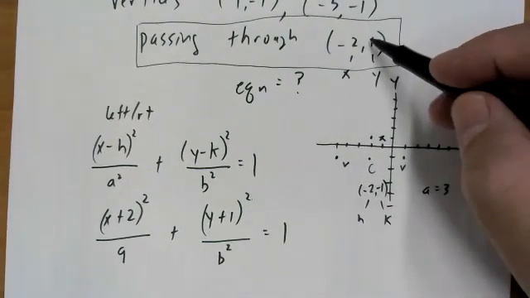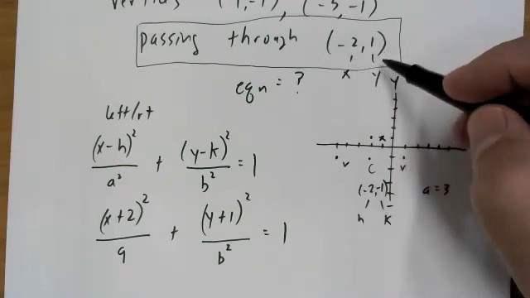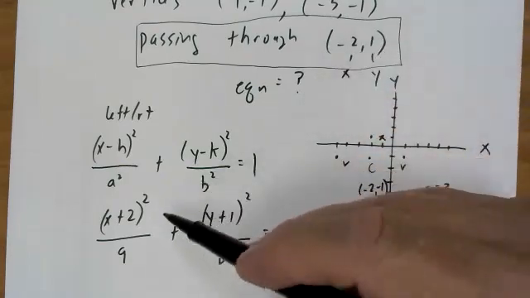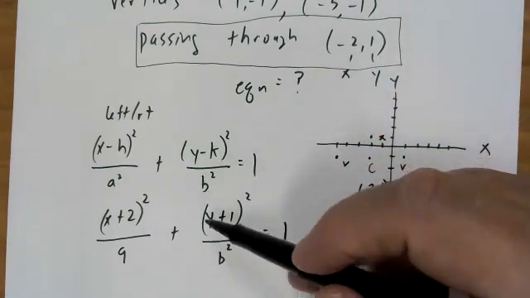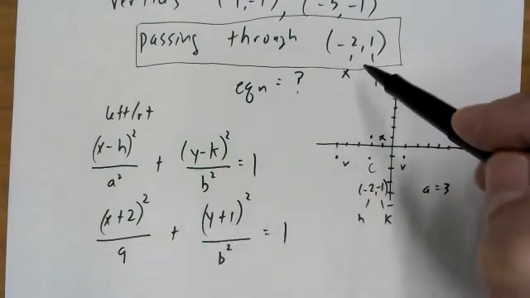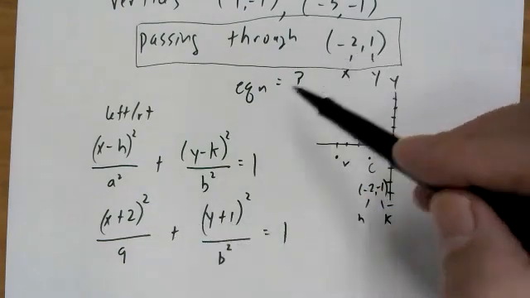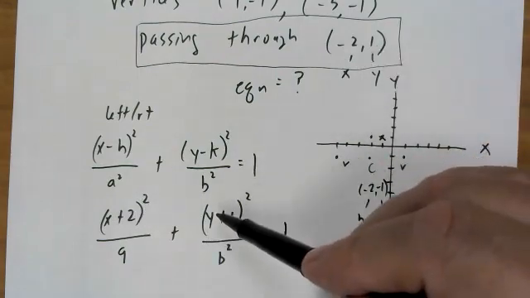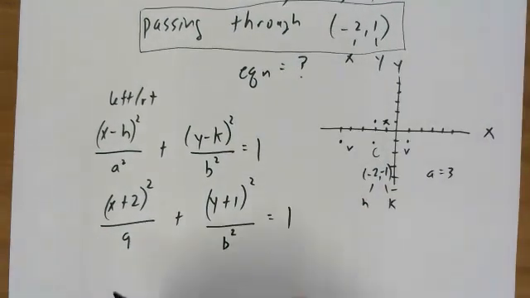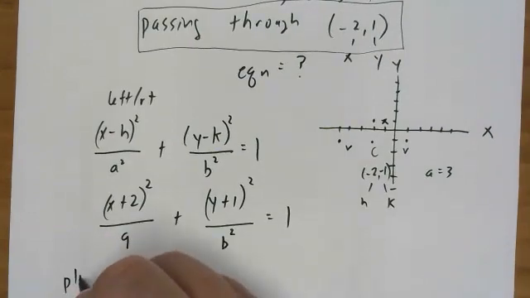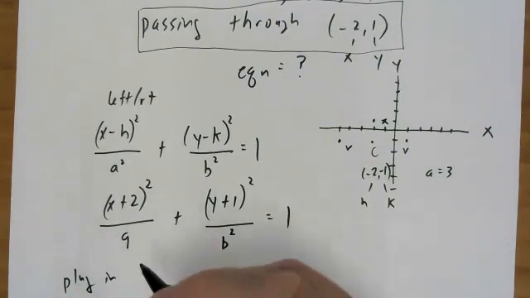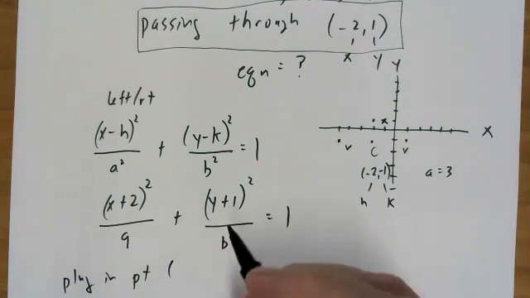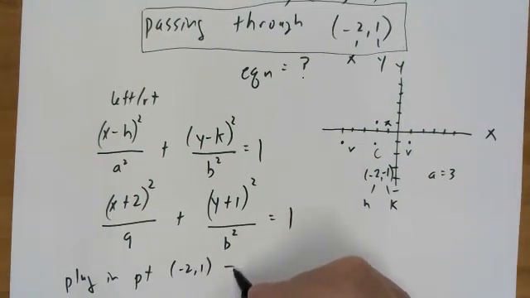So what this means is I'm going to take this point on the ellipse and plug it into the equation I've come up with so far. So -2, plug in for x, and 1, plug in for y. So I'm going to say plug in the point (-2, 1).